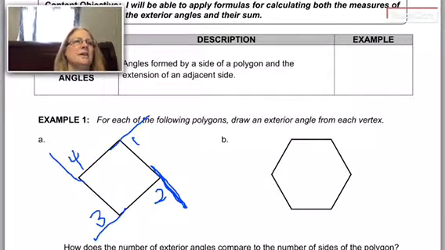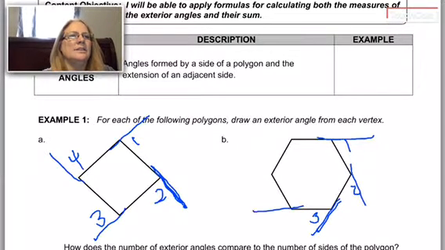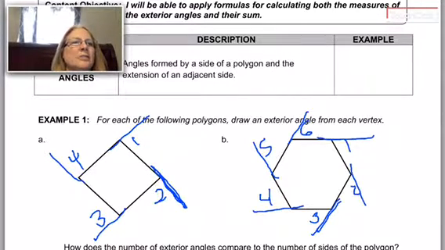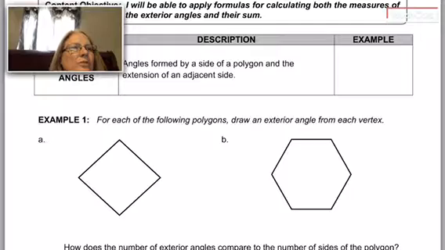If I look at the hexagon over here, again, just extend each side and I am creating exterior angles. You will see that the number of exterior angles is the same as the number of sides of the polygon. If I have 4 sides, I have 4 exterior angles. If I have 6 sides, I have 6 exterior angles.